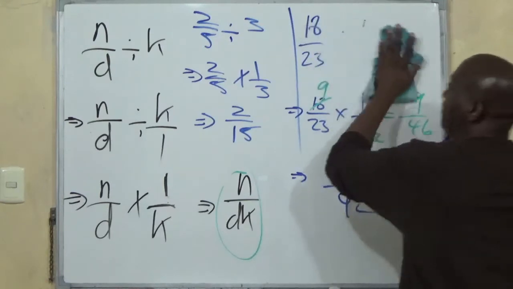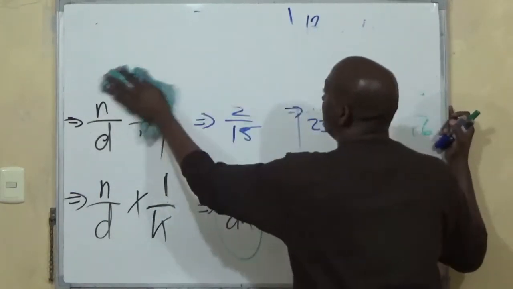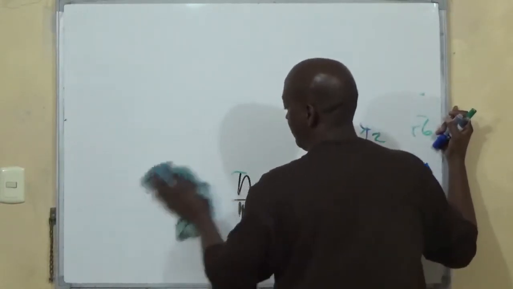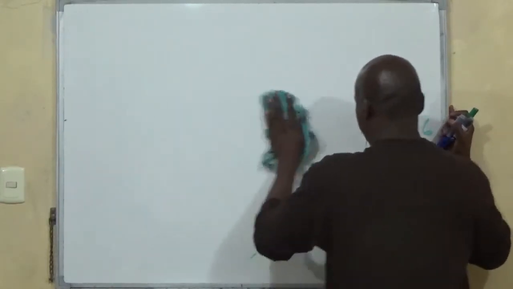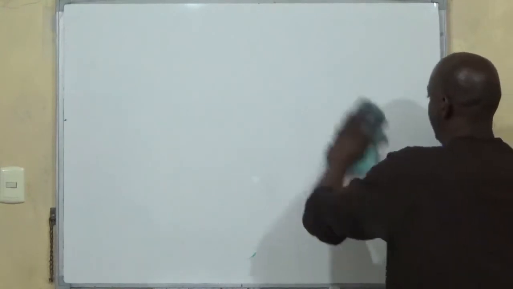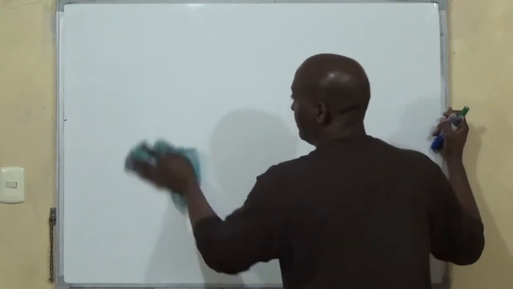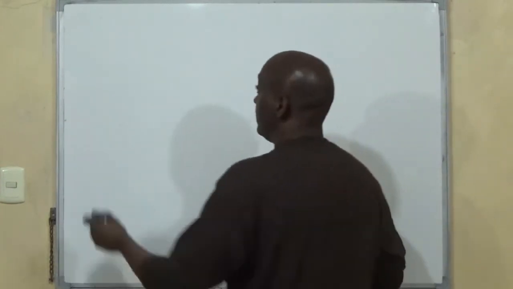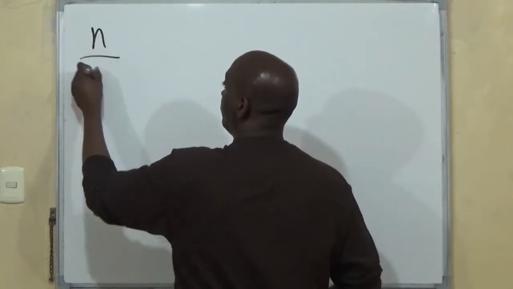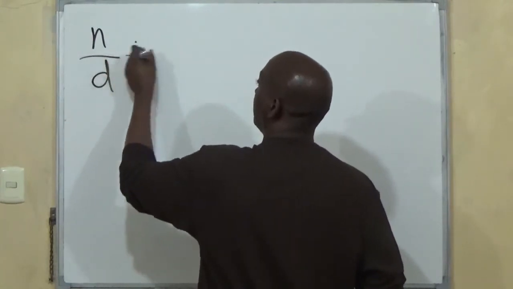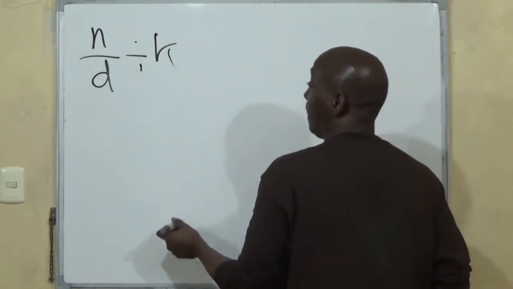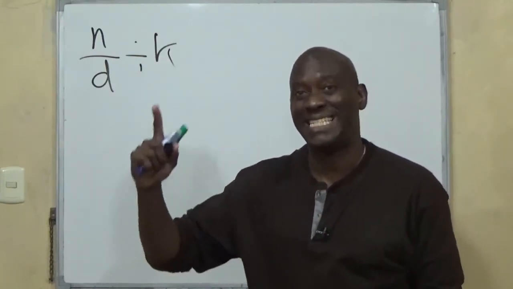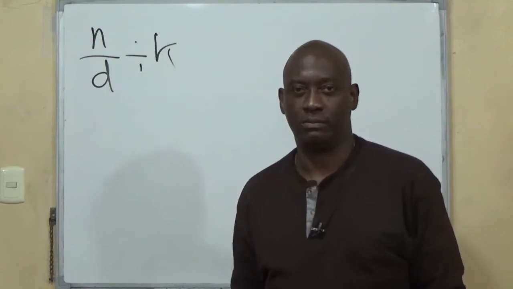So, anytime you're dividing a fraction by a constant k, what you're essentially doing, n over d divided by k, to divide by k, what you do is multiply the denominator by k.